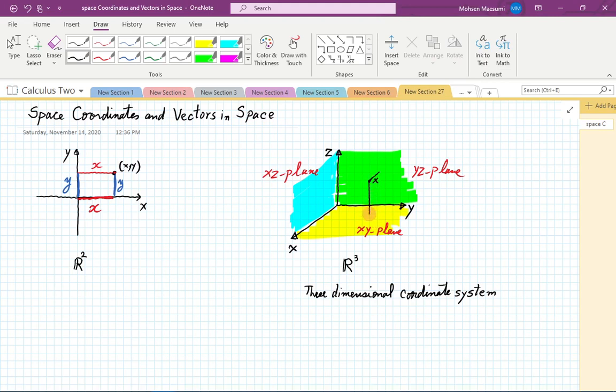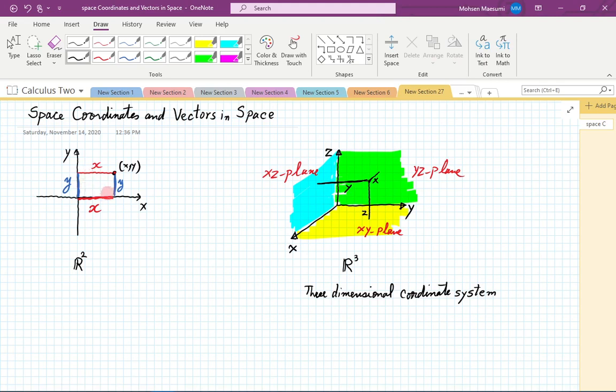Coming from here down to the XY plane, that's going to be our z. If I go to the blue one, what would that distance be? Well, that's parallel to the y-axis, and that's going to be the y coordinate.